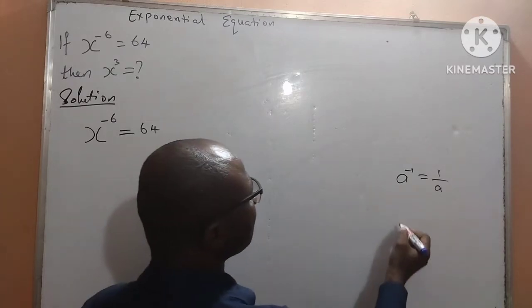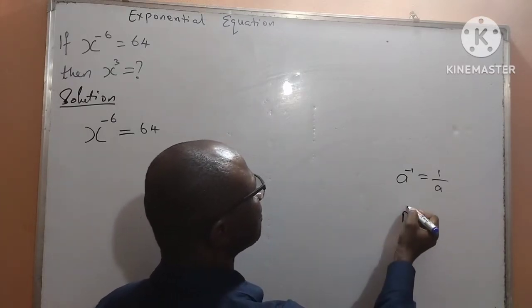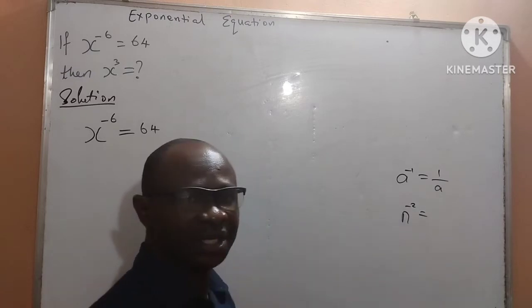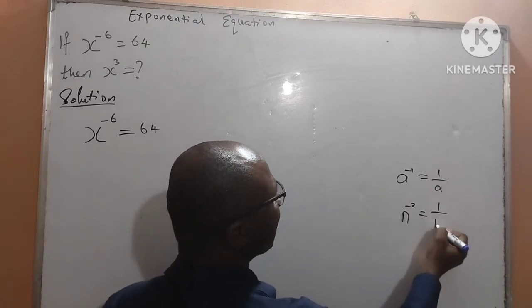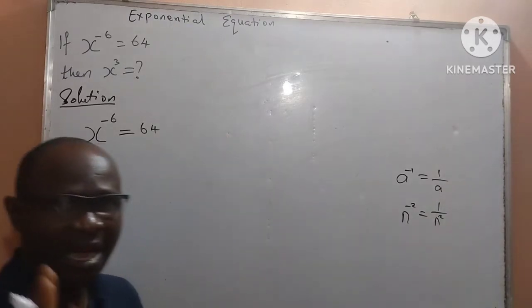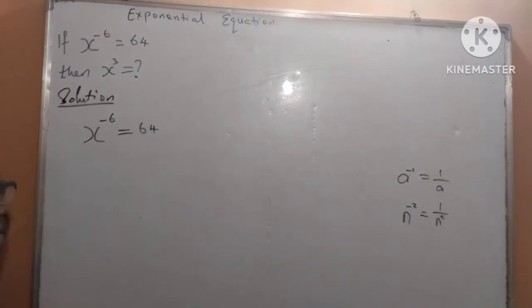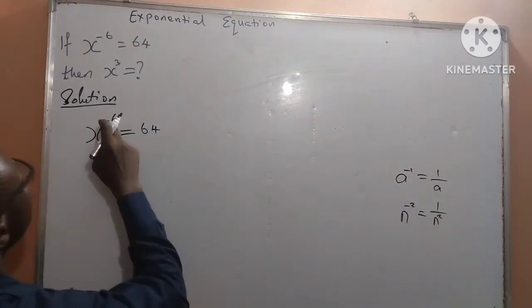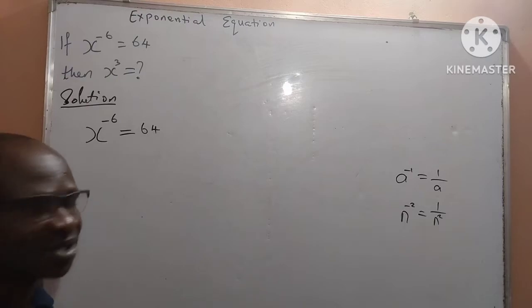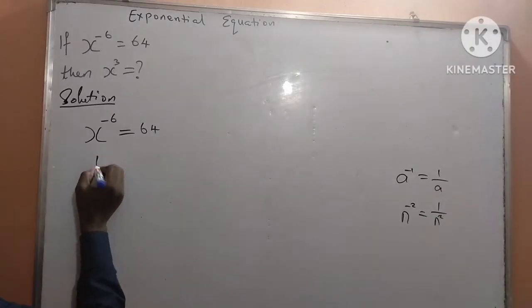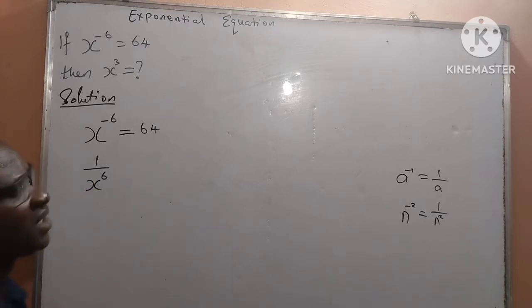It means if n is raised to power negative 2, it is equal to 1 all over n to the power of 2. I will do the same thing to the left hand side in order to clear the negative sign in the exponent. And that will now give me 1 all over x raised to power positive 6.